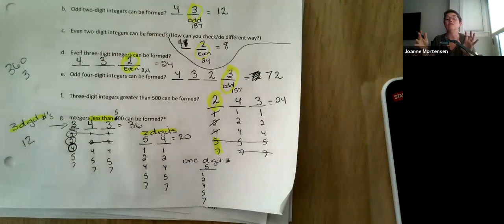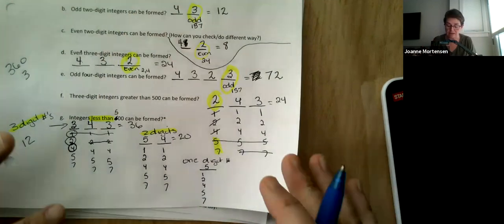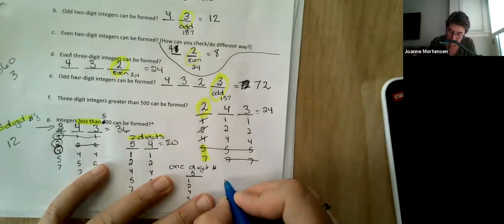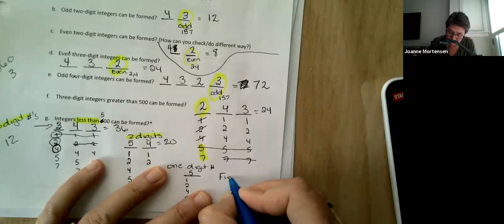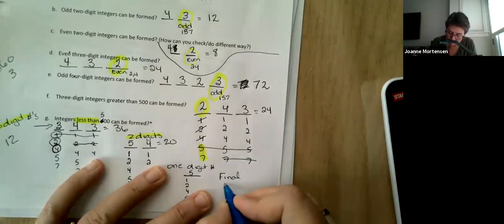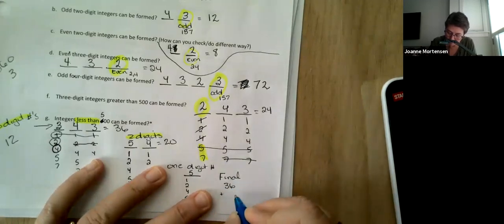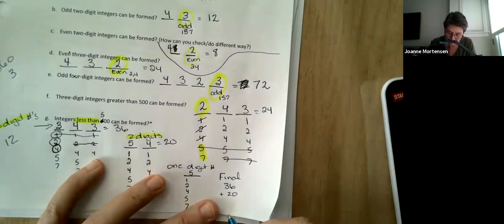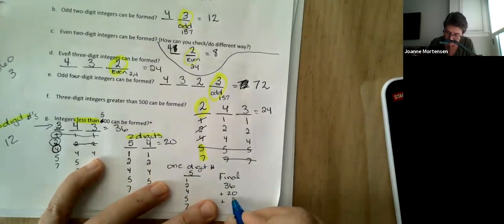Well, when you've got those mutually exclusive cases, one or the other, then you're going to add them. So my final answer is 36 plus 20 plus 5.